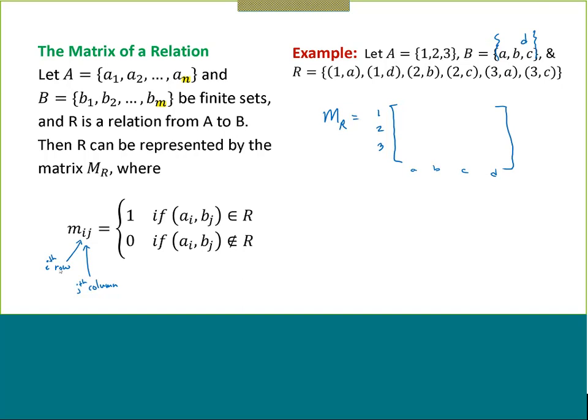So what we do is, just like when we used our characteristic function previously to encode sets as a binary string, by default we let set A, in whatever order it was originally given to us, like 1 through 3, be the order we deal with rows, and whatever we were given for set B, that's the order we deal with for the columns.